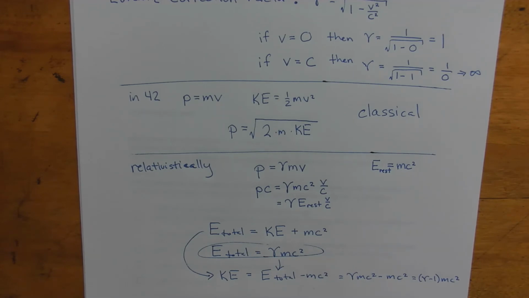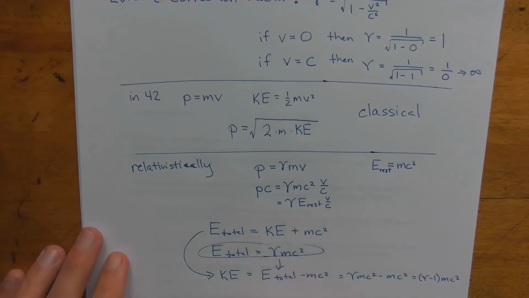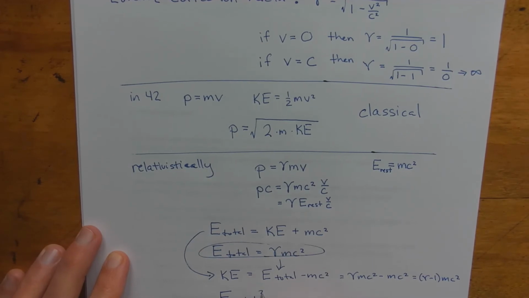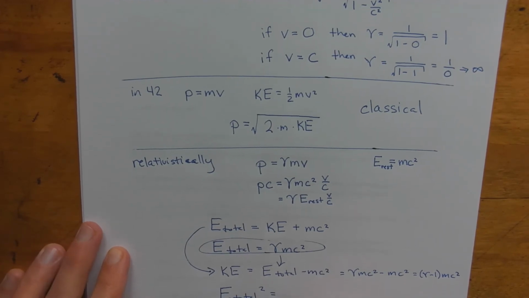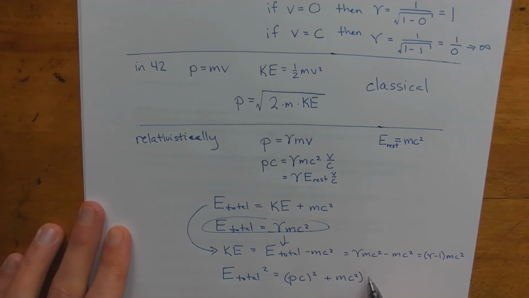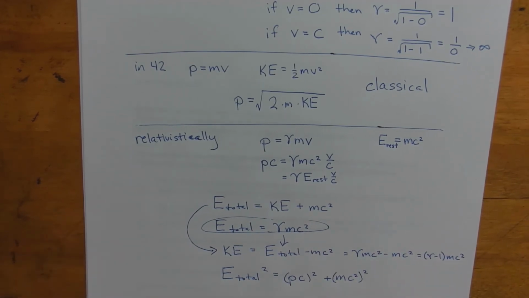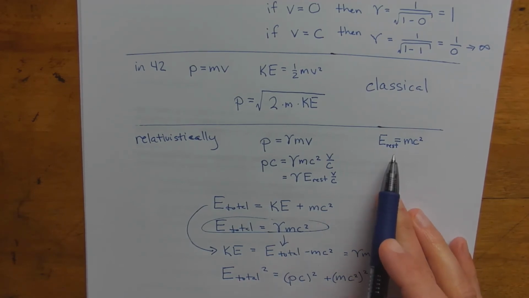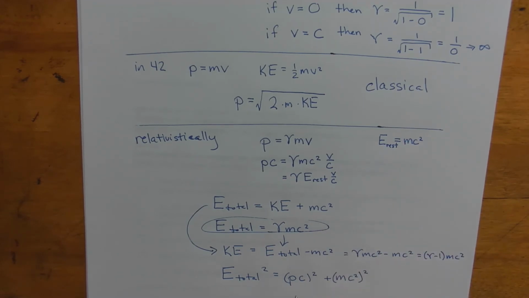Oh, and then one other relationship that we have, this is also on page 6. E total squared is equal to pc squared plus mc squared squared. Okay, so when we're talking about total energy, it is not equal to mc squared unless the momentum is 0.